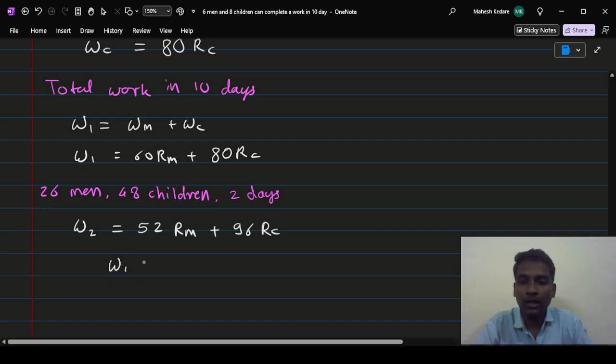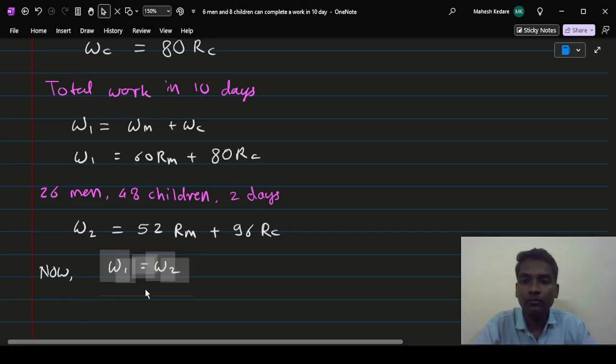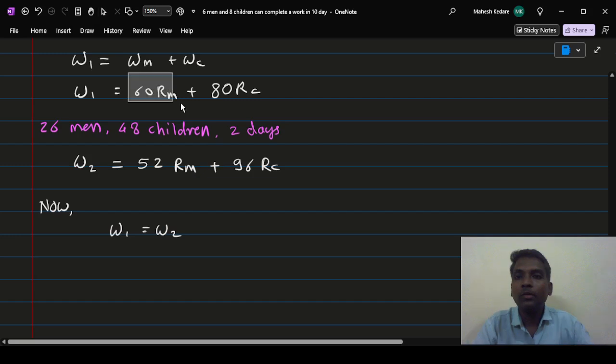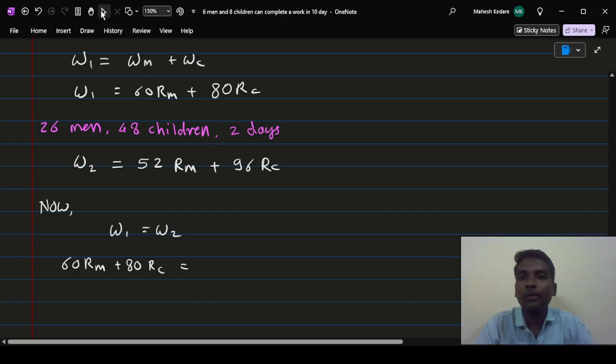We write W1 equal to W2. W1 is 60 Rm plus 80 Rc. In the next step, we replace W1 by 60 Rm plus 80 Rc, and we replace W2 by 52 Rm and 96 Rc.